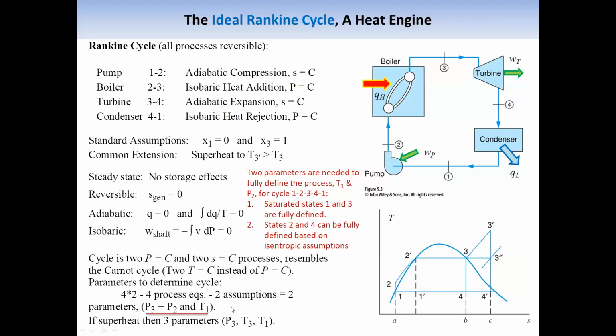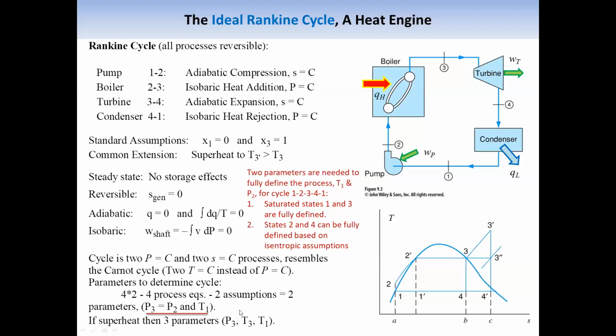So we have 4 assumptions imposed in the process equations. And we also have 2 more assumptions that the fluid has x1 equal to 0, x3 equal to 1. Therefore, amazingly, we need only 2 conditions to stipulate before we stipulate everything else in the cyclic process.